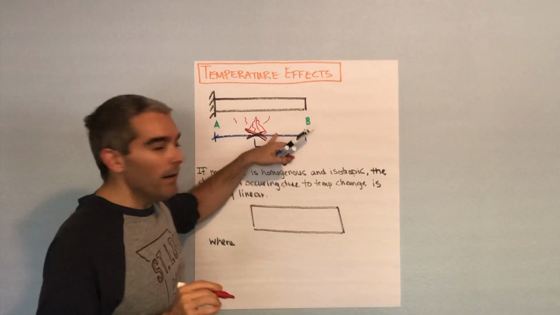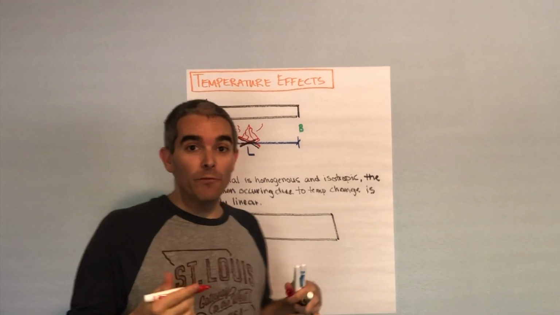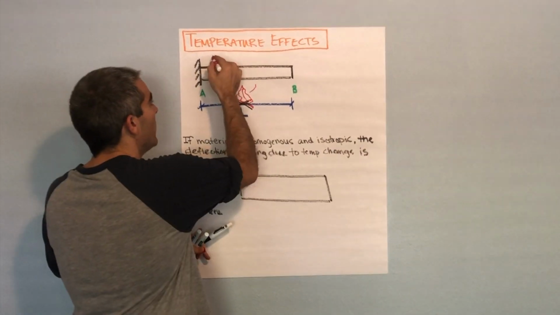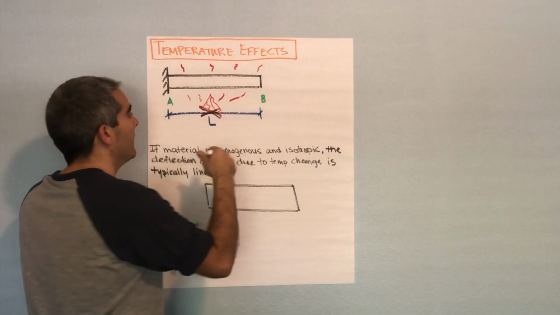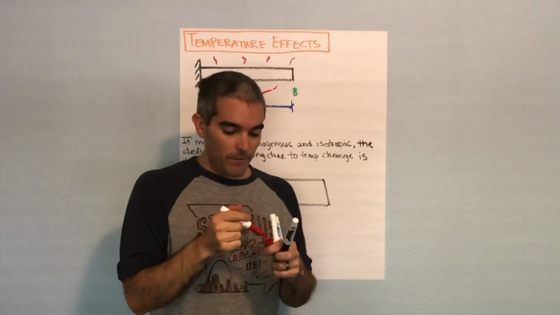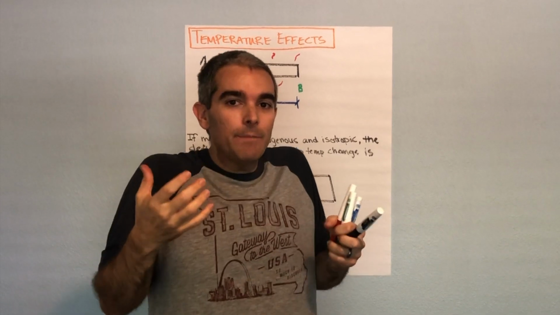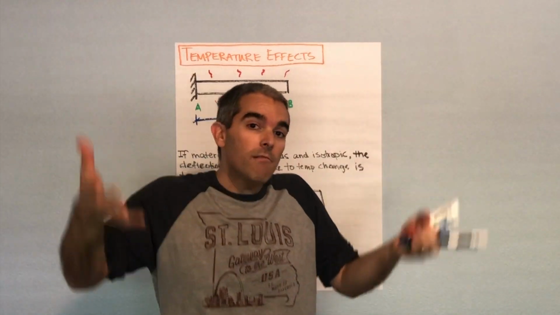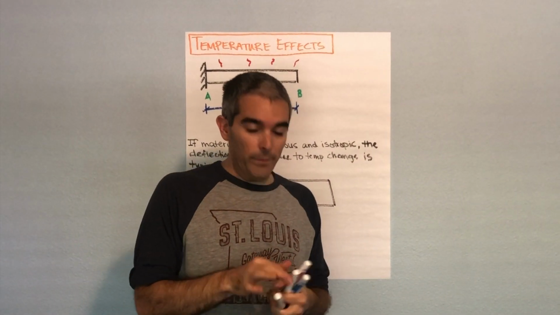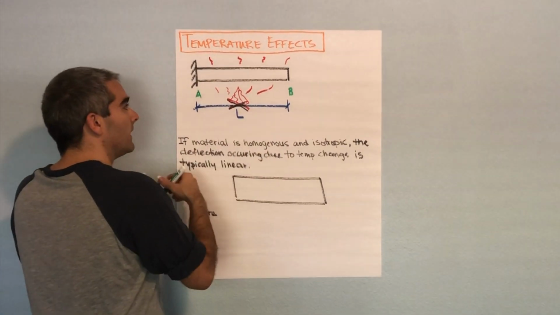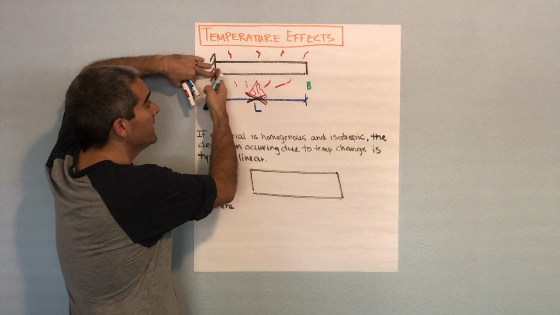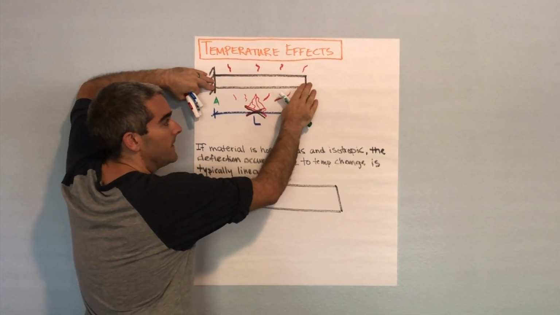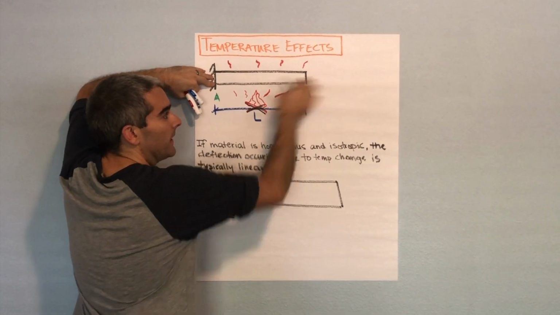I want to consider the case of uniform temperature expansion. So let's say it's expanding from all directions. This fire is around my member. We said that it's going to expand, and if it's all around, it should expand uniformly. What does that look like here? Well, since this is a fixed end, it's not going to change at this point, but at this side where we're free, it's going to expand outward.